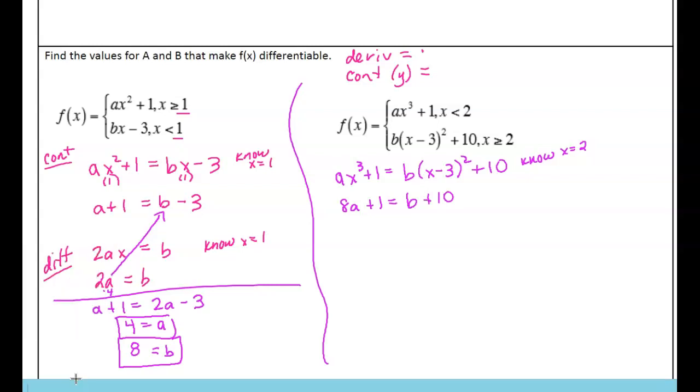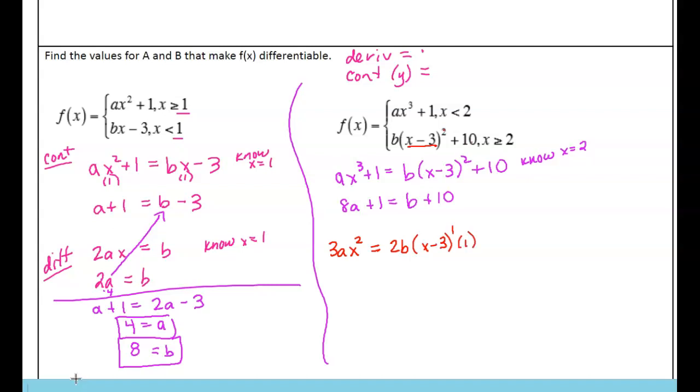And then we know it's differentiable, so we're going to take the derivative. So we got 3ax squared. The 1 goes to 0. And this would be a chain rule. So I'm going to bring the 2 down, so 2 times b. The inside stays the same. Subtract 1, and then the derivative of x minus 3 is just 1.